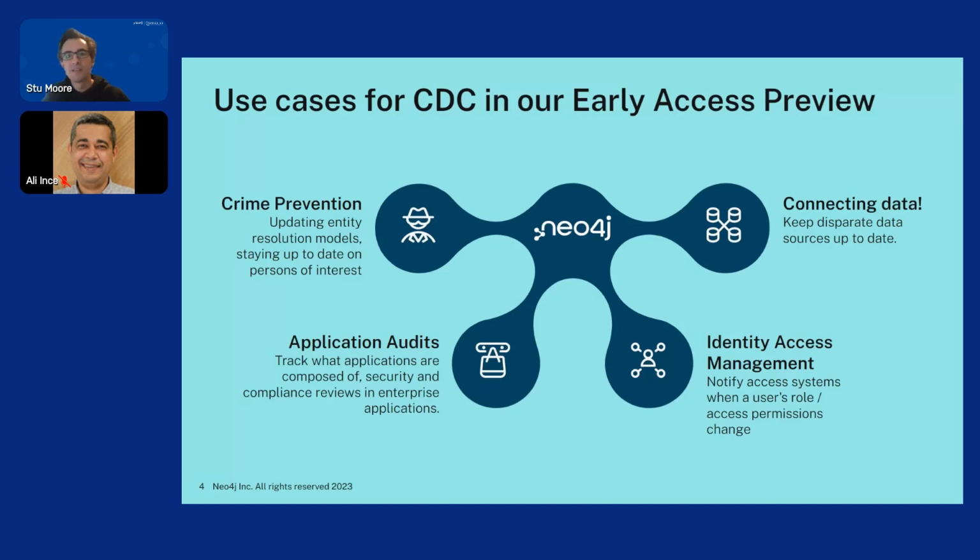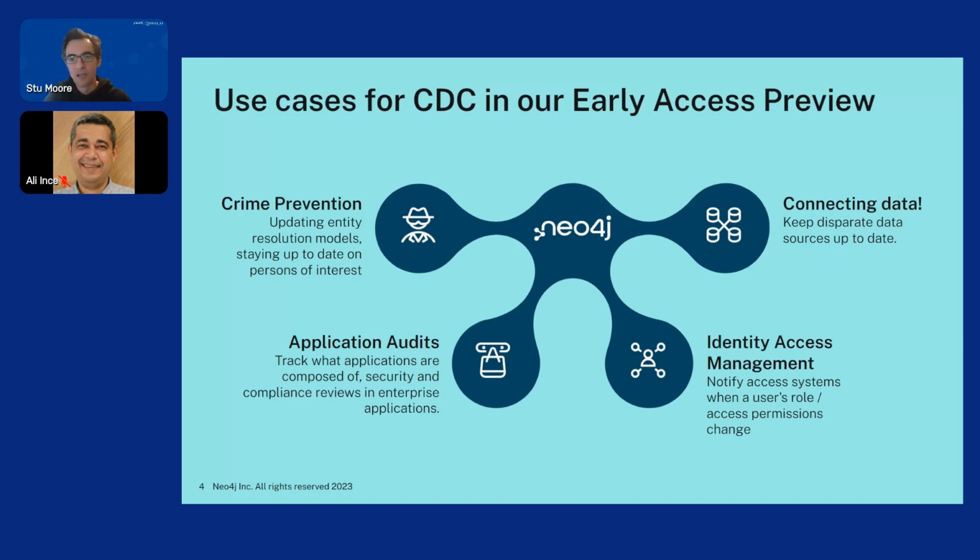Before we made CDC available as a beta, we ran an early access program for some of our customers. And I thought I'd take you through a quick summary of some of those use cases. They were keen to have a robust, performant implementation of the database and a well-defined surface for their developers. Use cases included keeping other data sources up to date with Neo4j because it was the authoritative data source for information, or sending results from graph analytics to interested systems.